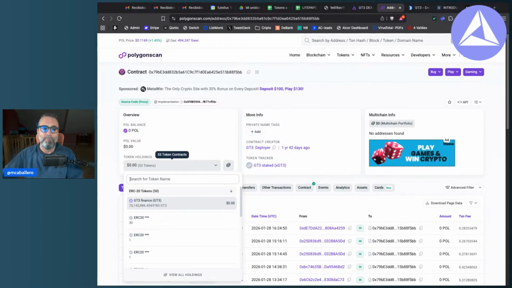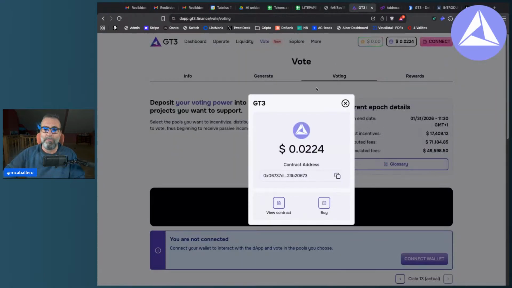So if 100% of the locked GT3 is 75 million tokens, the 10% of the voting power is 7.5 million, right? If the token is today around 0.02, 7.5 million tokens is around $160K.